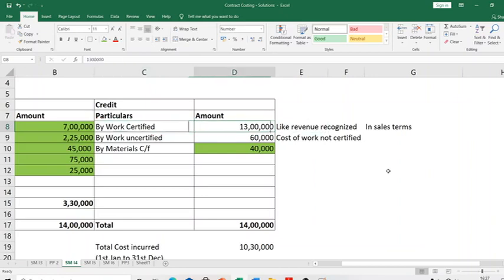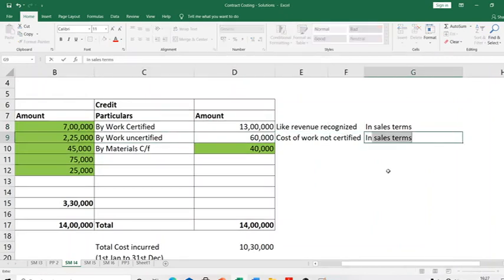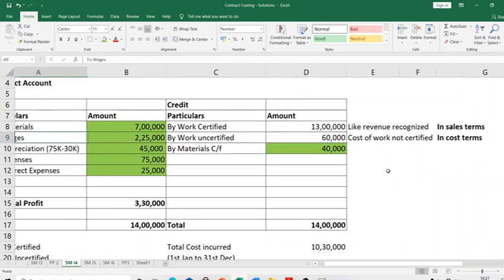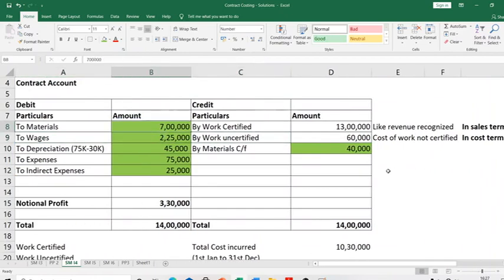So work certified is always in sales terms. Work uncertified is always in cost terms. That's very, very important. Work certified is in sales terms. Work uncertified is in cost terms. Because work uncertified is basically removal of cost for work which was not certified.